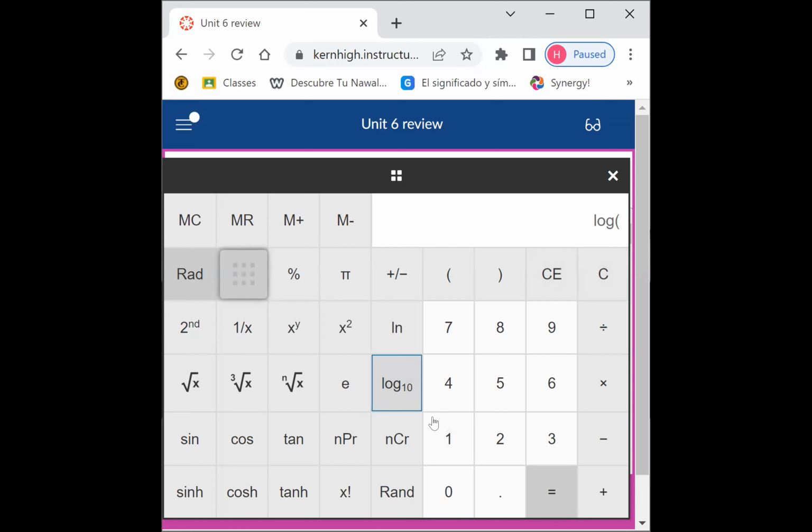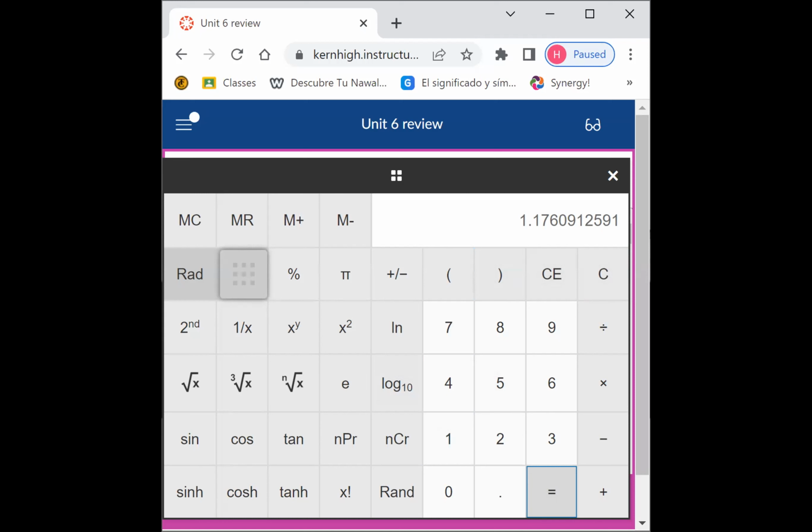I'm just going to type this in, log of 15. When we don't see the base, that means base 10. Log of 15 says 1.17609. I have to round it to 4 decimal places, so 1.1761.